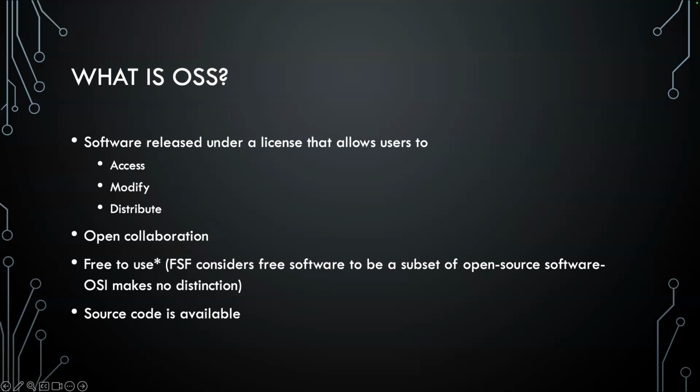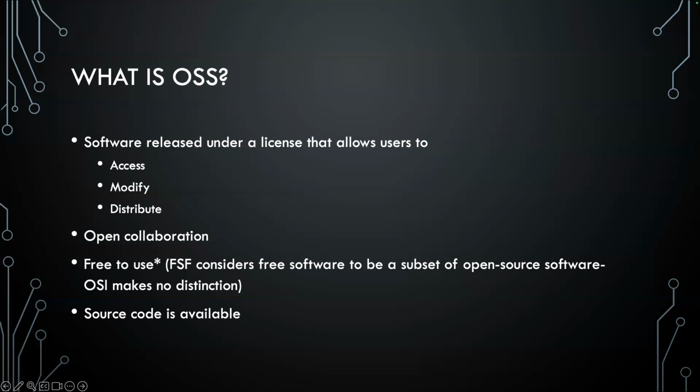But basically, if software is open source, you're going to be able to access it, modify it, and distribute it how you want to. It also allows for open collaboration. Some licenses require you, as you make improvements, to share that back with the community. I don't know how anyone would enforce that, but that's kind of the expectation. Open source contributors take this really seriously.